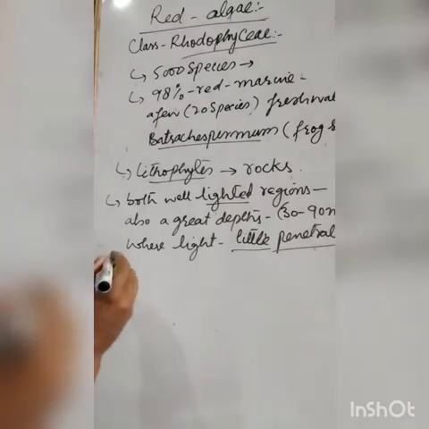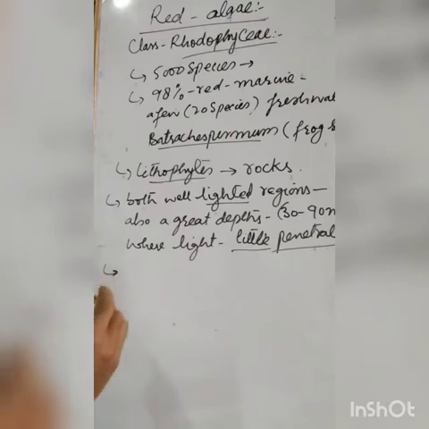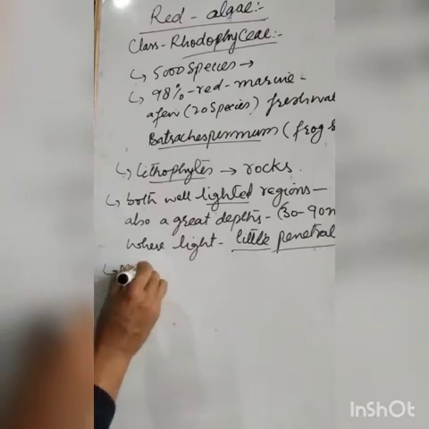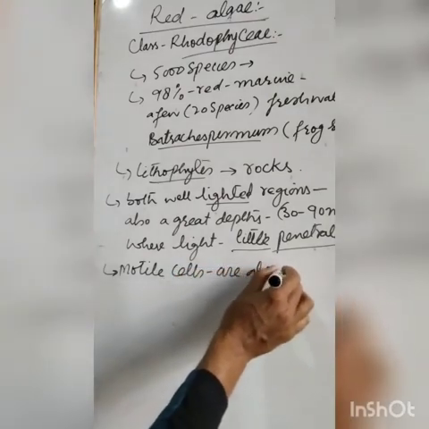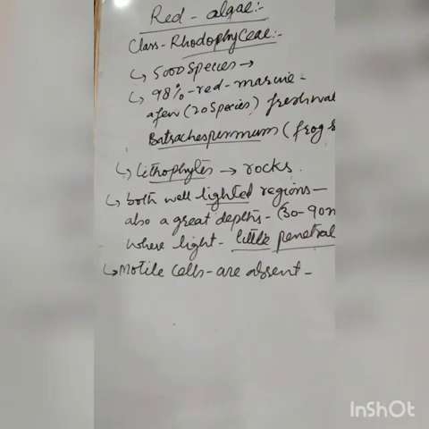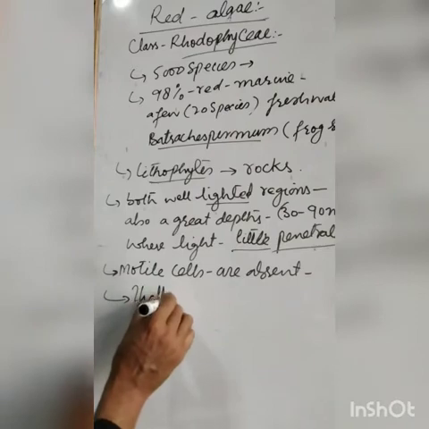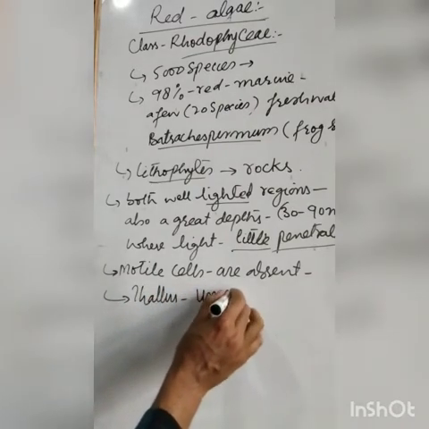Motile cells are absent in their life cycle. Now the thallus in most of the red algae is multicellular, but there may be unicellular forms also.